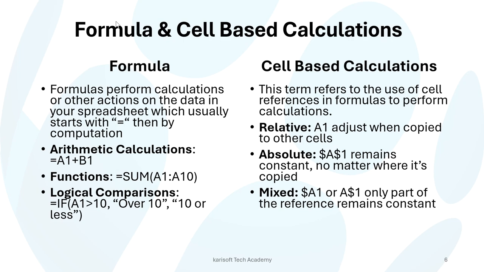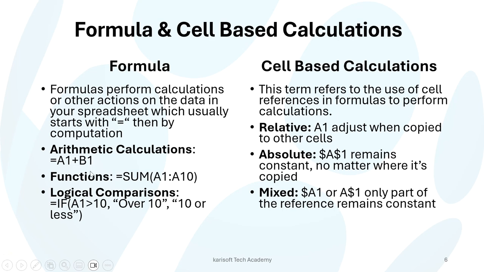You have to see how arithmetic calculations are done. So arithmetic calculations are equal to A1 plus B1. That is how it is computed in Excel. We do not just talk about the number, we talk about the location of the value. So whatever value is in A1 and B1, the plus sign sums them together.